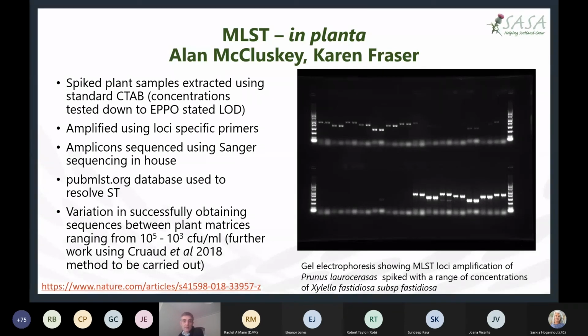The take-home is that this has been successful in recovering the sequences, but it does depend, of course, on how much you've spiked them with, and, as we've already heard, on different inhibitory factors that you might get from one host to another. So this is a good outcome, which they will be following up with some other methods.